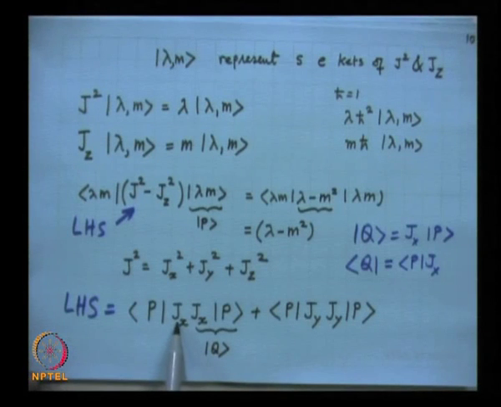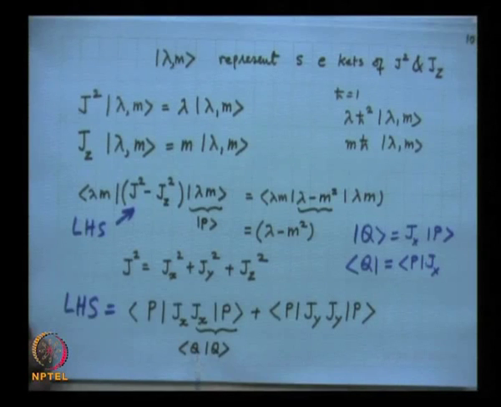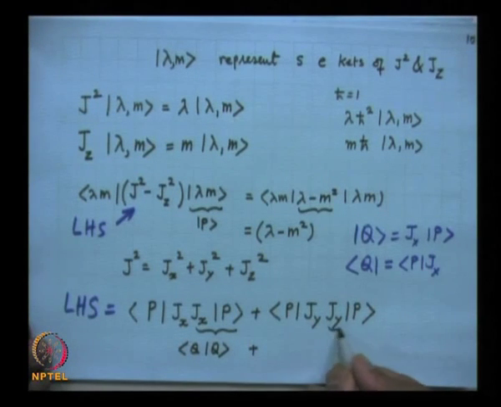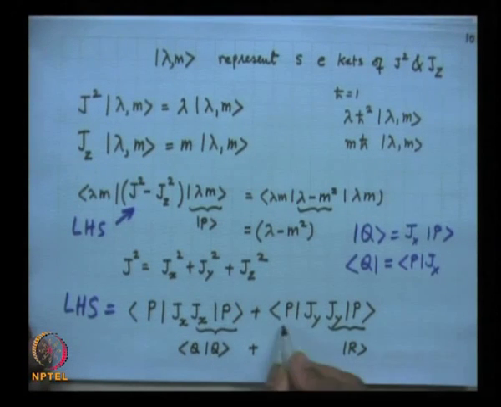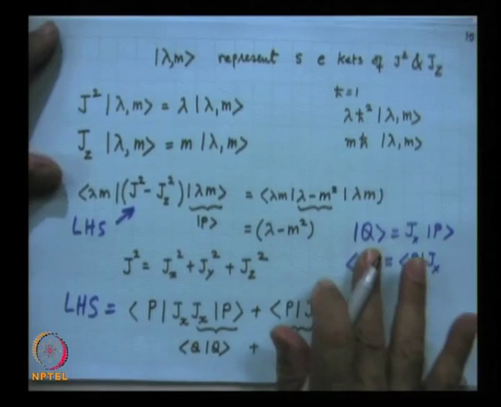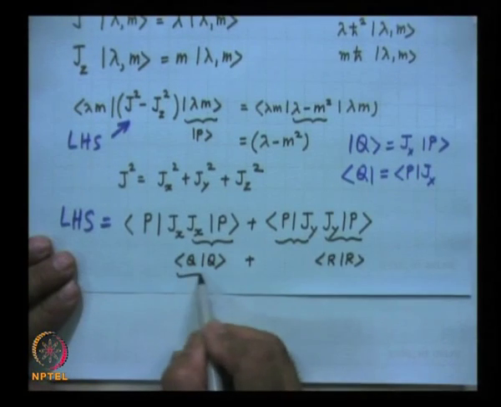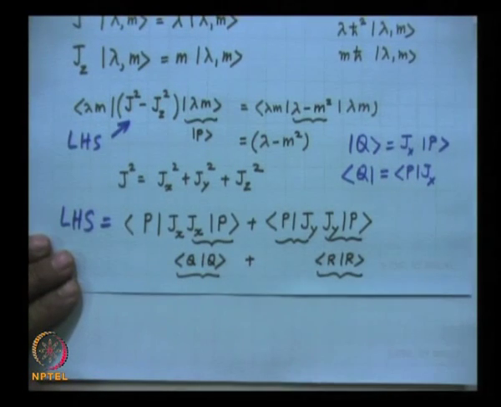So, bra p j x is just bra q. So, this is bra q ket q, plus j y ket p, let us suppose this is ket r, then this is bra r. So, my left hand side is bra q ket q plus bra r ket r.